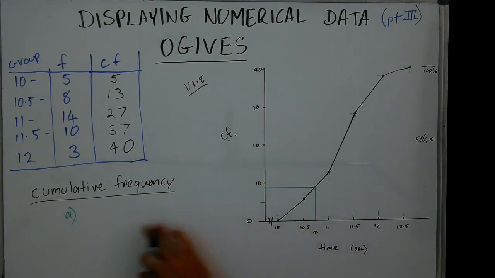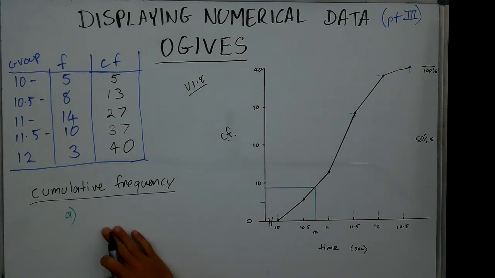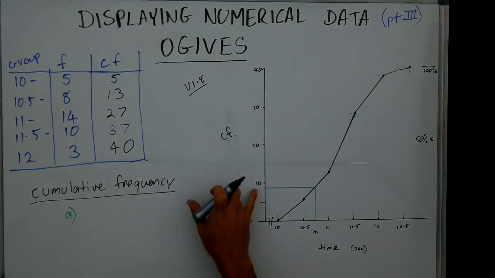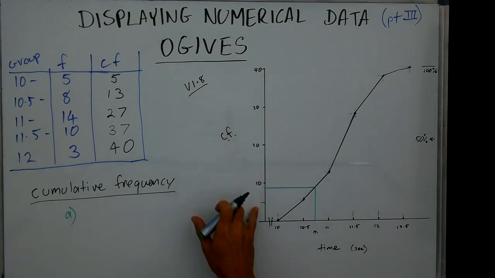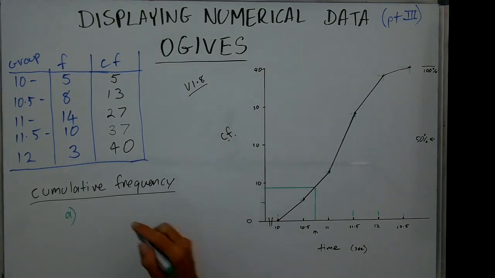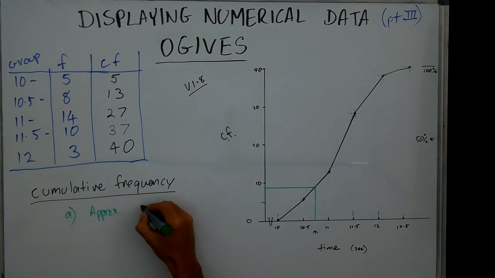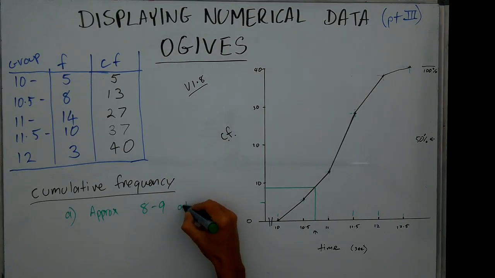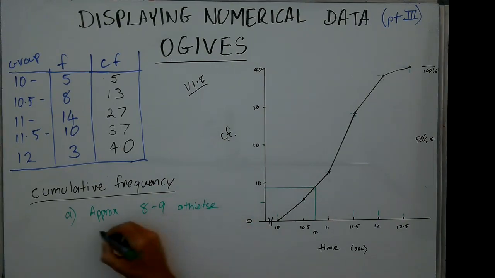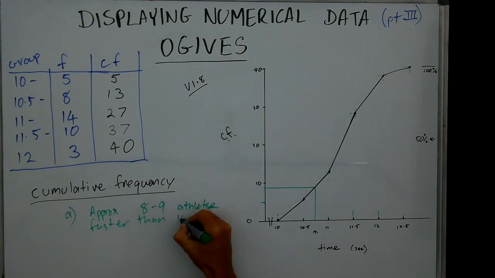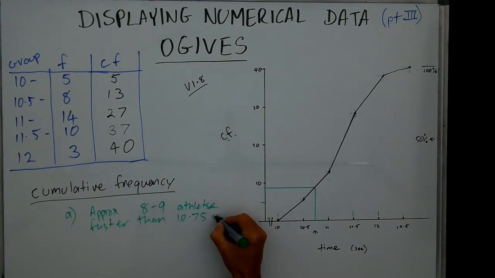So question A, how many athletes finished in less than 10.75 seconds? Well, we're going to say approximately 8 to 9 athletes.